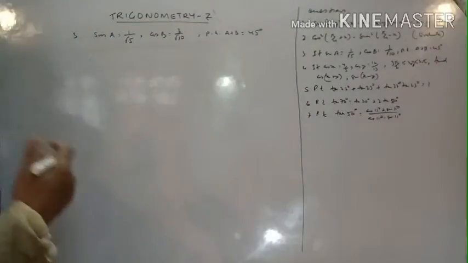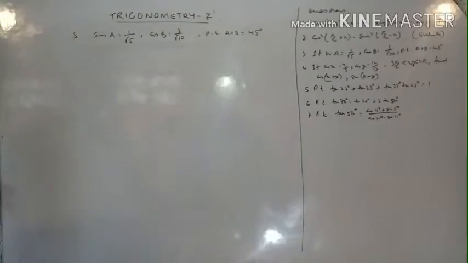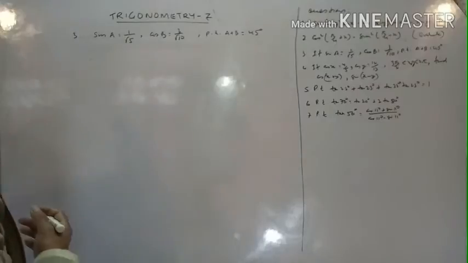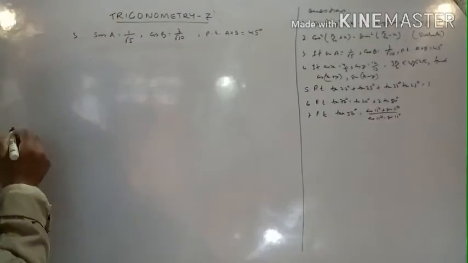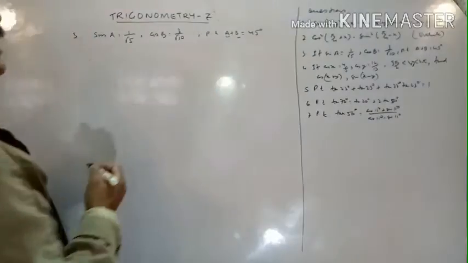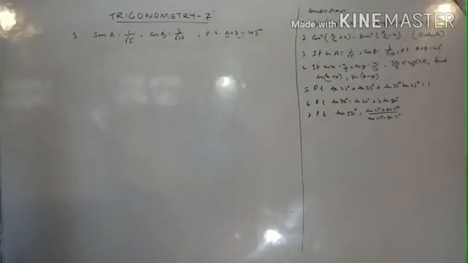To find A plus B, we can take the sine (A plus B) formula: sine A cos B plus cos A sine B. Since A plus B is 45 degrees, both A and B are acute angles, meaning both lie in the first quadrant, so all ratios are positive.